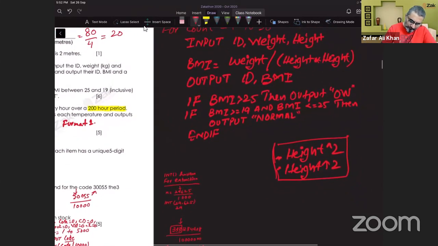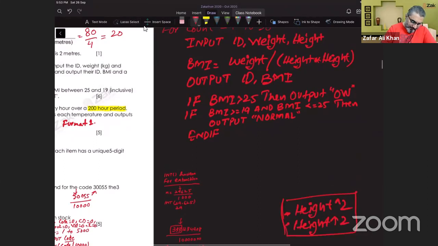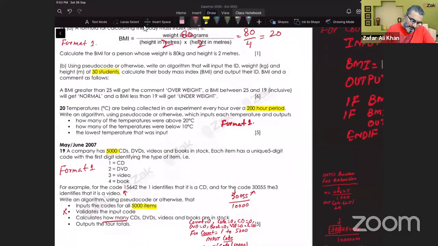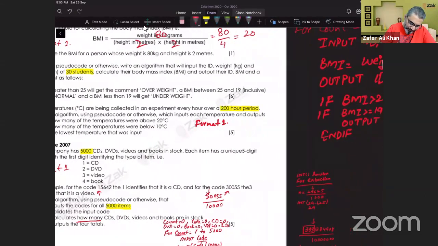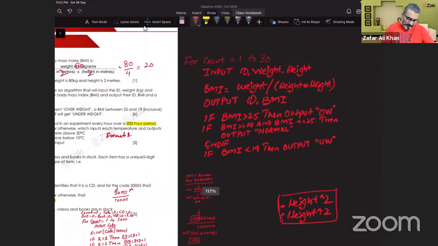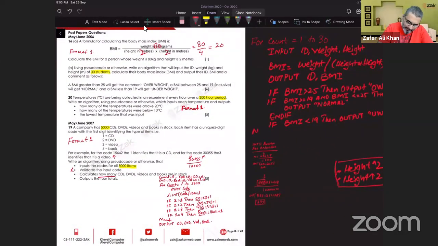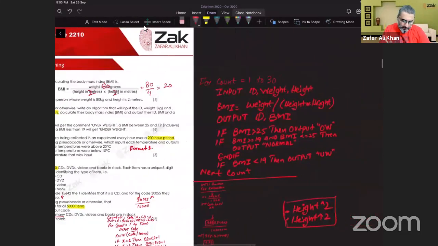Then it says, and BMI less than 19 get underweight. So if BMI is less than 19, then output underweight. And that's about it. This is it. So next, count. This is over. So this is called output with decision.